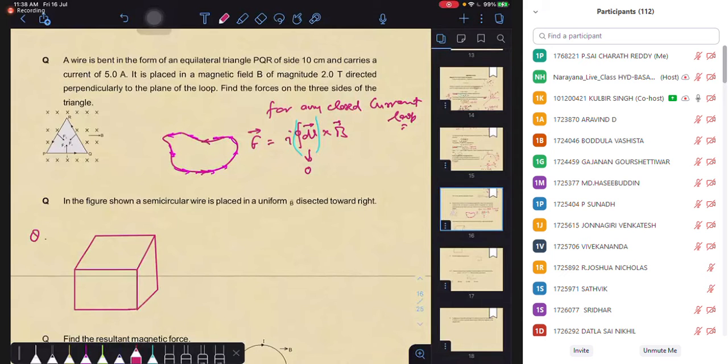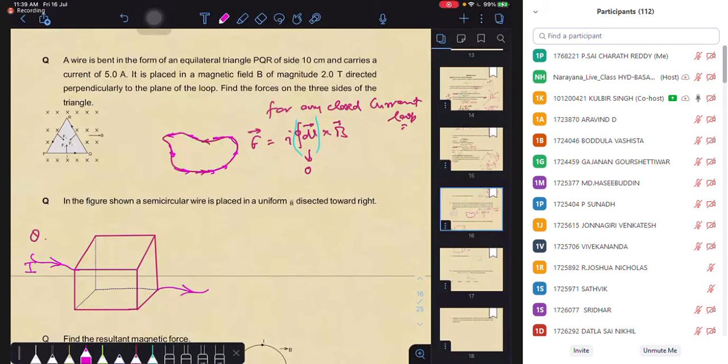So how is the current coming? Current is entering at one end and leaving at the other end. Let's say it enters at this end A, and it leaves diagonally at this end.